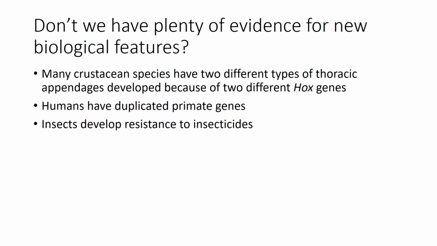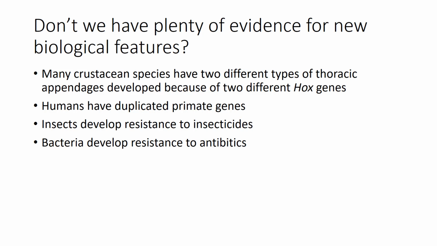We see insects develop resistance to insecticides. We see bacteria develop resistance to antibiotics. Sorry, that should say antibiotics. And all of these on the surface seem to be evidence for new biological features.